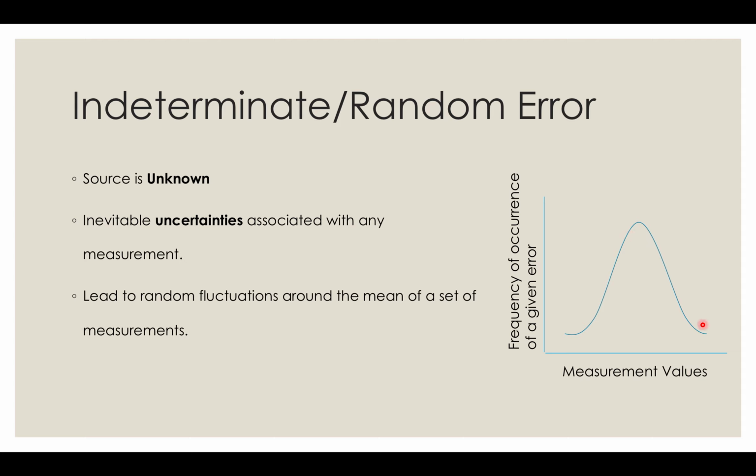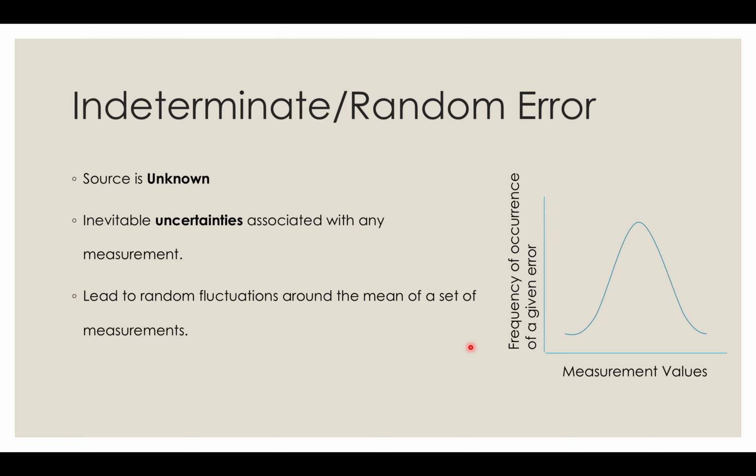Here, the values would be fluctuating around the mean value. So this is how the graph resulting from indeterminate or random errors looks. This is all about the different types of error that we are going to look into.